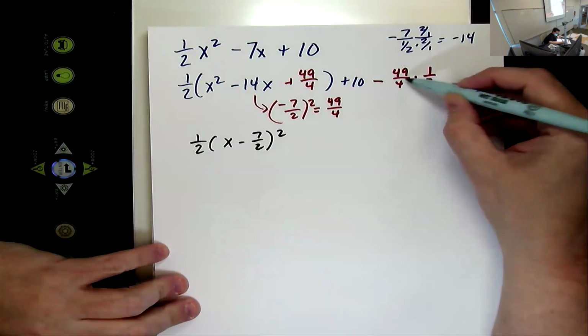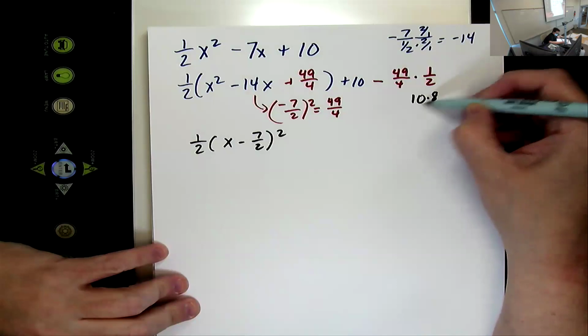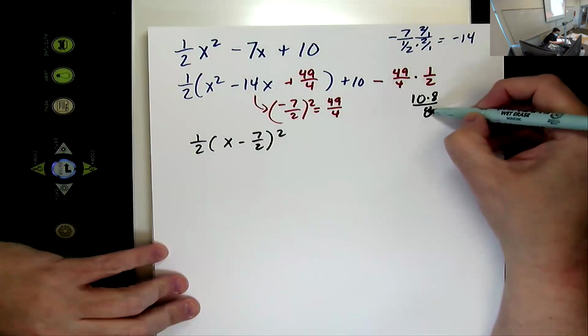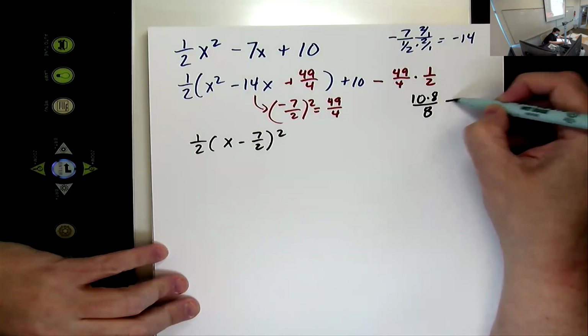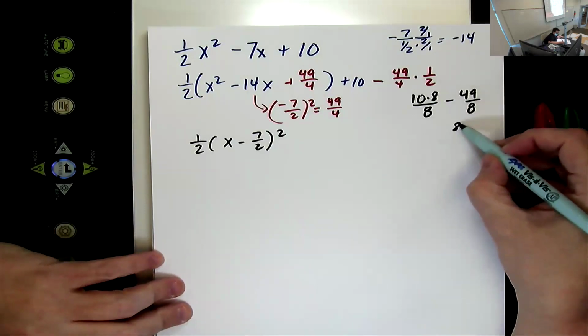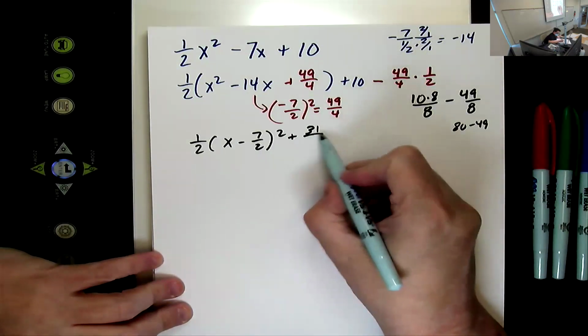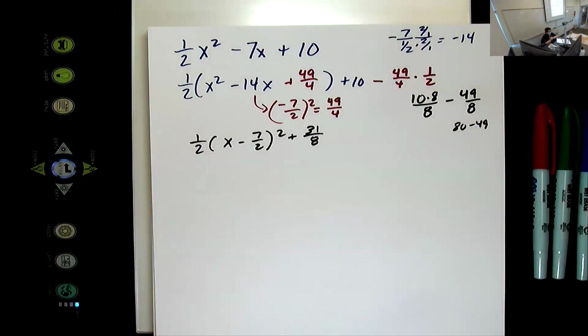This looks like an 8 on the bottom. To combine these two, I have to get a common denominator of 8. So I've got 80 minus 49, which would be 31/8. Not the nicest number, but if you needed to graph it, you could turn it into a decimal and go from there.